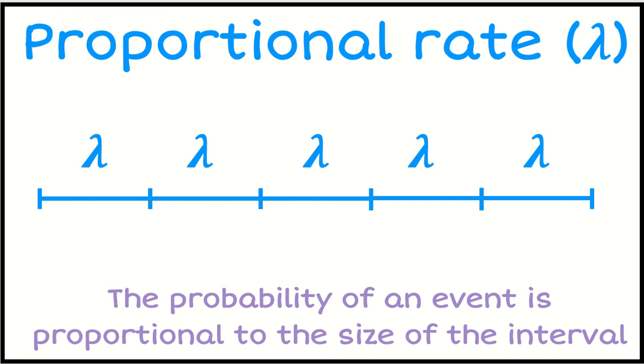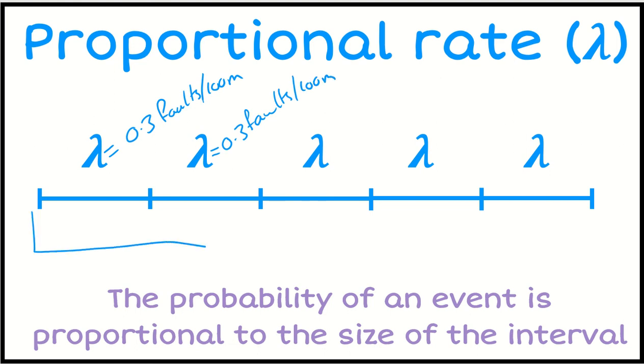Another thing that we need to be aware of is that the rate is proportional. This is one of the underlying assumptions of it. So when we talk about a rate being proportional, if I know that my rate of faults is 0.3 faults per 100 metres, then if I have 200 metres of rope, then each 100 metre section would have the same rate.